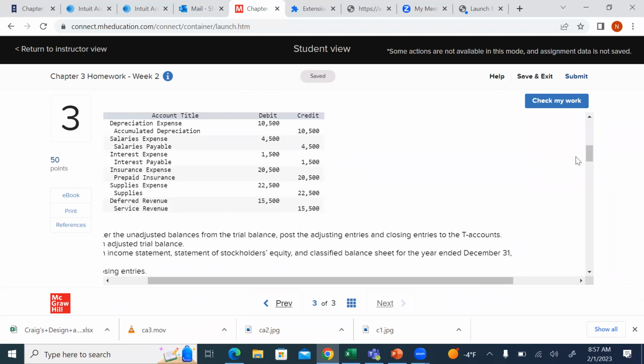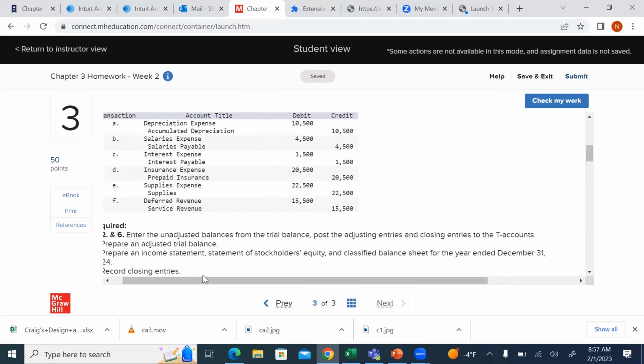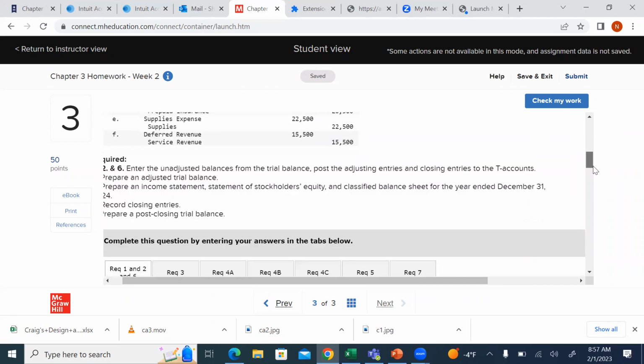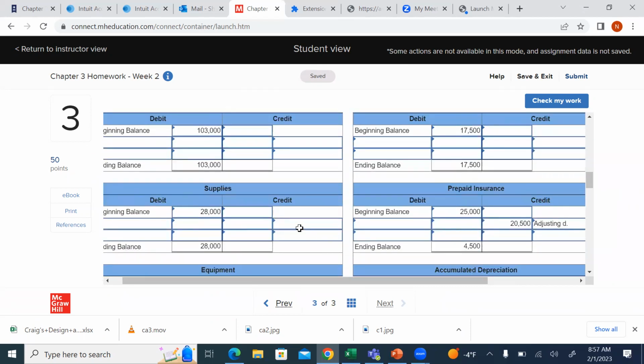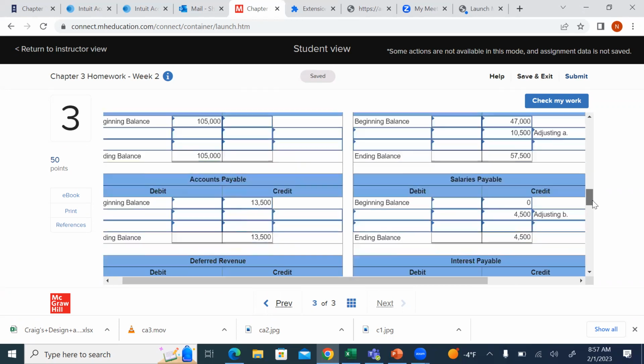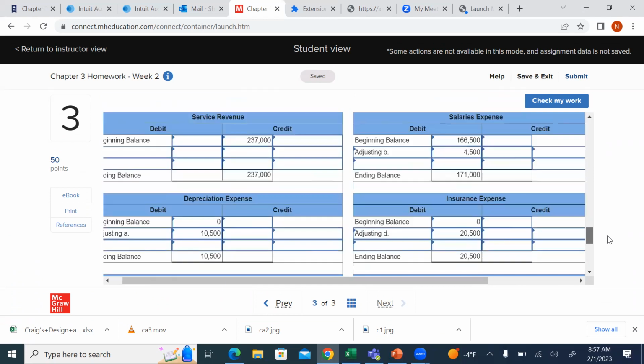Supplies expense, 22,500. We'll credit supplies, 22,500. Okay? So we'll go and find our supplies. Credit, adjusting entry E, 22,500. We'll go to our supplies expense.